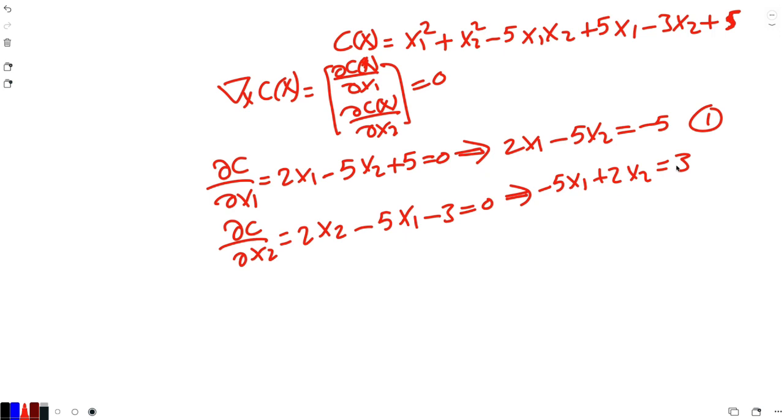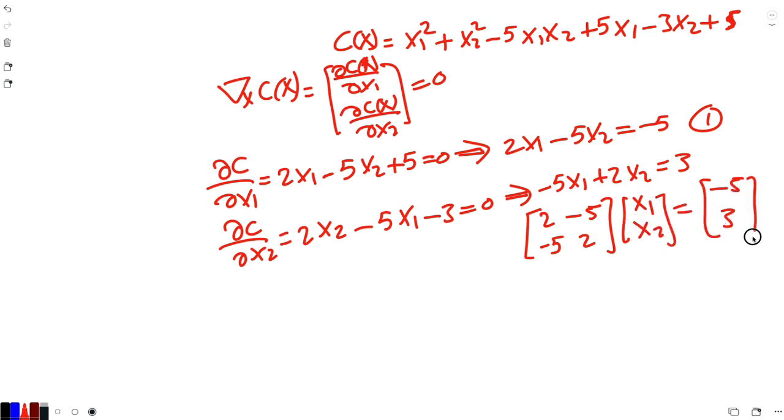Now we have two equations in two unknowns, which can be solved easily either by finding the inverse of the matrix or by substitution. We can put it as the matrix 2, minus 5, minus 5, 2, times x1, x2, equal to minus 5 and 3.